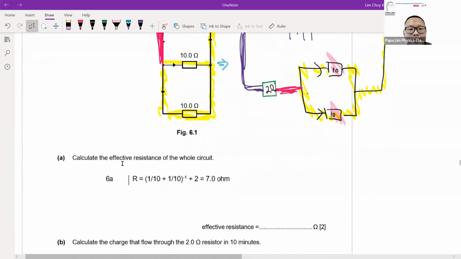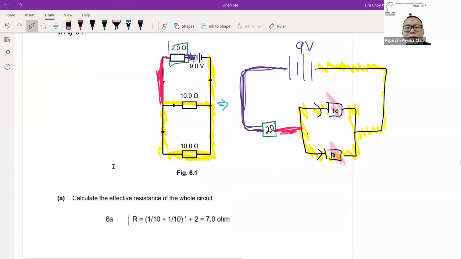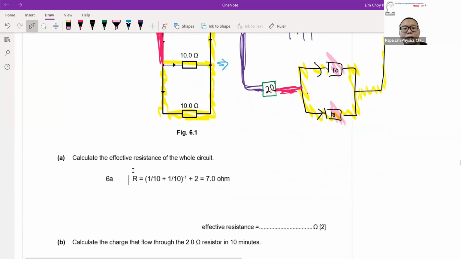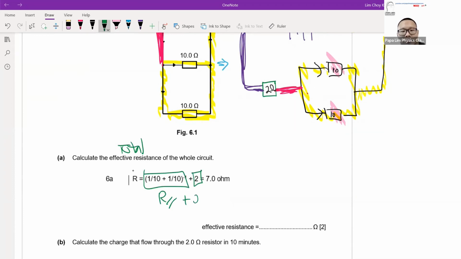Once you know the series and parallel arrangement, you will be able to find the effective resistance, or total resistance: the parallel branch, R parallel, plus the 2 ohm. I will not deal with the math. Finding effective resistance is fairly straightforward. The parallel arrangement will be here. This is the R parallel.